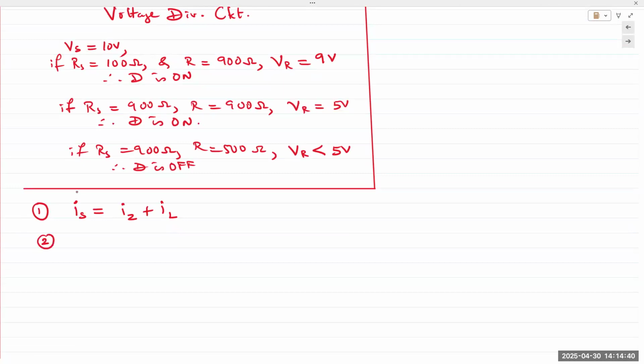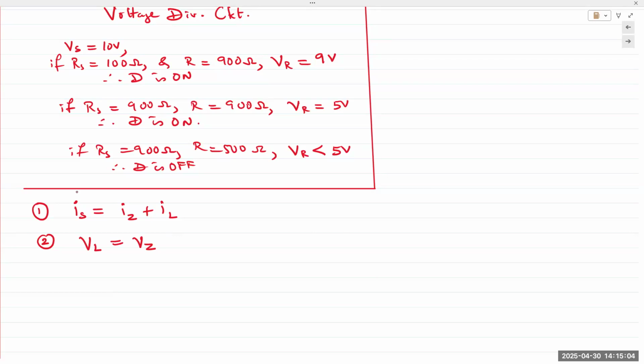Secondly, the load is connected in parallel to the Zener diode, which seems kind of obvious because we want the voltage to be constant at the output load. And so VL, the load voltage, would always be equal to VZ, the Zener voltage. Right? If there are any changes, then it's not regulating.